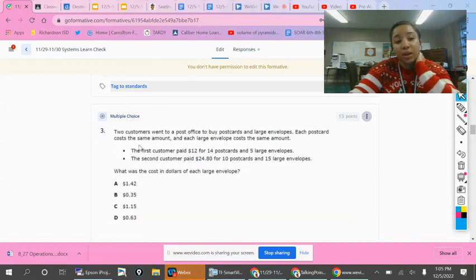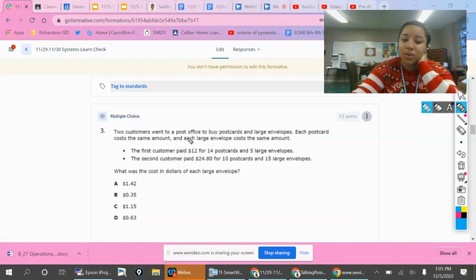Okay, for this one, how I figure these out is I match things that go with each other. So this first system is going to look like this. 2 customers went to the post office to buy postcards and large envelopes. Each postcard costs the same amount, and each large envelope costs the same amount.